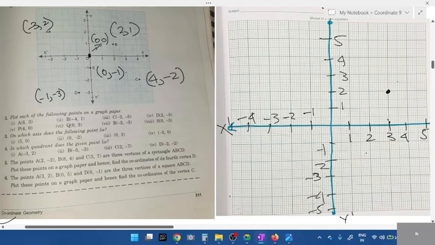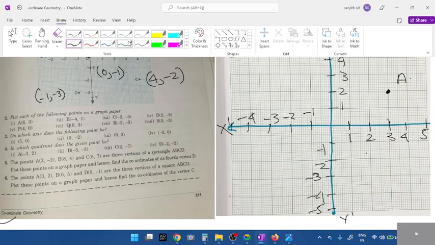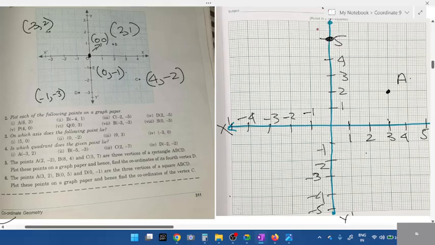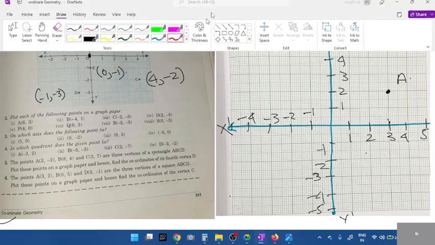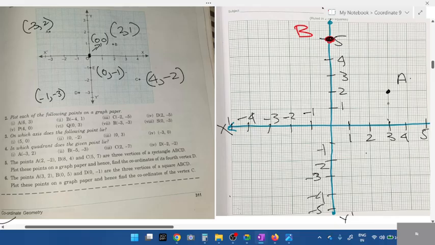Next one. Again, first quadrant. No, not first quadrant. Y-axis. 0 comma 5. Can you see? 0 comma 5, top. Red one, B. Next. Yes, 0 comma minus 1, y-axis. Next, that's it.